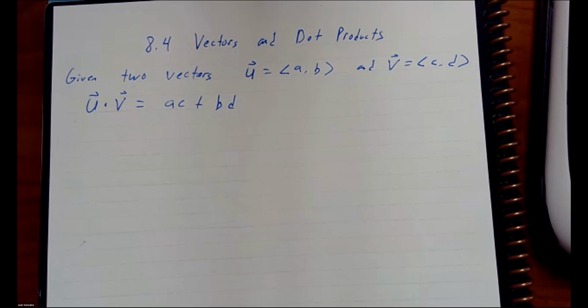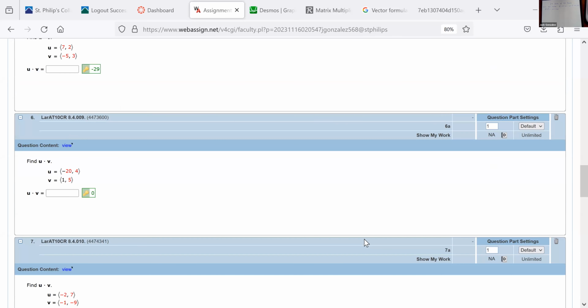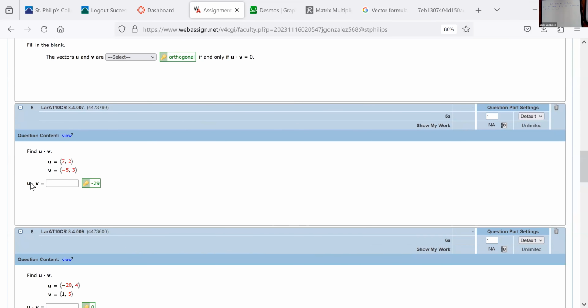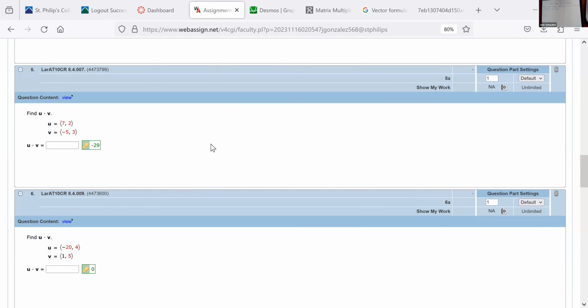Let's look at the first few questions. So here, all they want us to do is multiply u times v. So go ahead and do that here, number 5. Find the dot product of u times v.